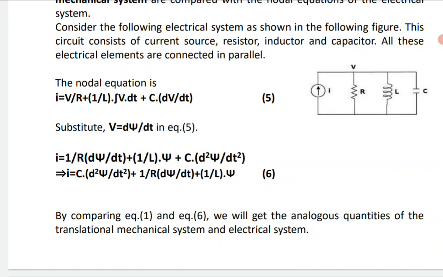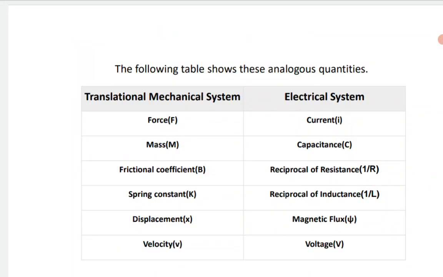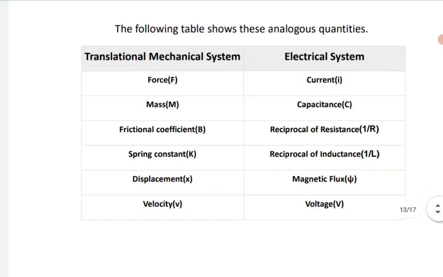So constructing the force current analogy, force is represented as current, mass m is represented as capacitance, frictional coefficient B can be written as the reciprocal of resistance, 1 by R, the conductance. Spring constant K is the reciprocal of inductance, 1 by L. Displacement X is the magnetic flux psi. And velocity V is represented as voltage V.